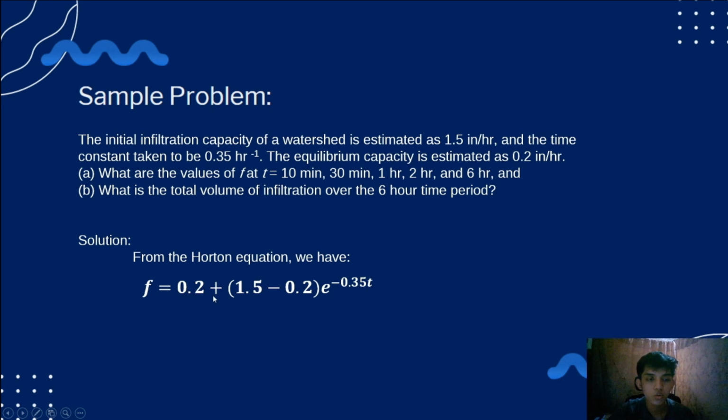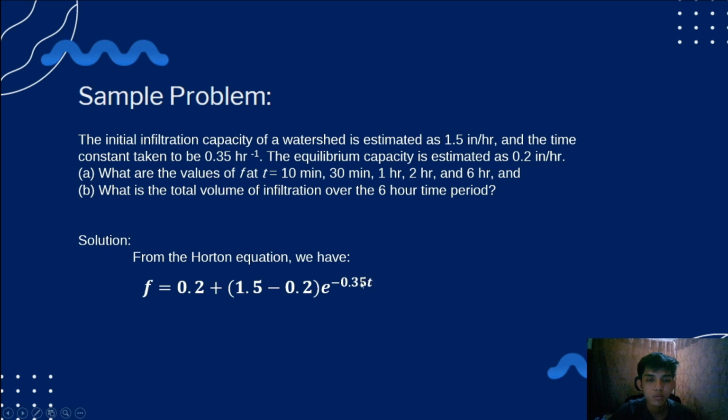So 0.2 was the f sub c, or the final infiltration capacity, and 1.5 is the f naught, which is the initial infiltration capacity, minus the final infiltration capacity. And e raised to negative 0.35, where 0.35 is our k, the empirical constant, and t, which is the time.